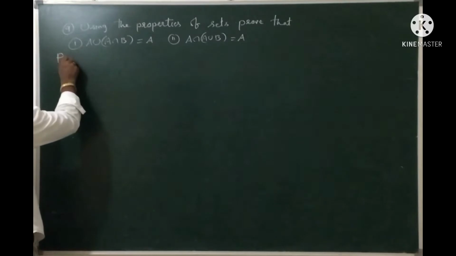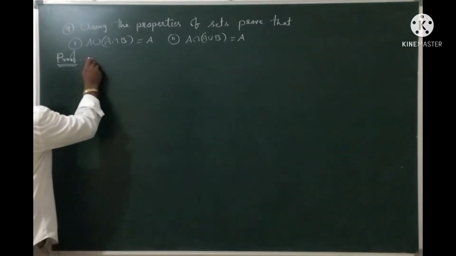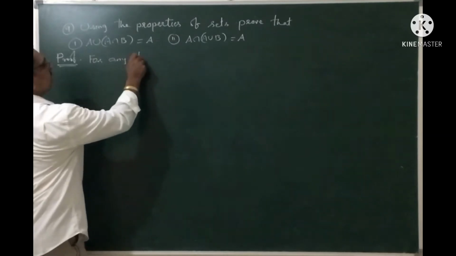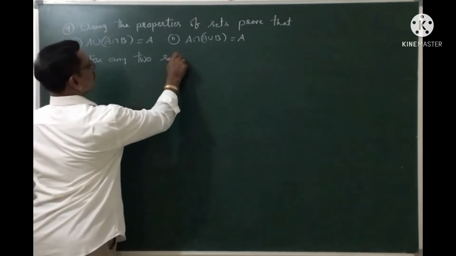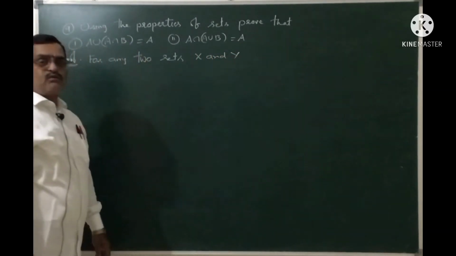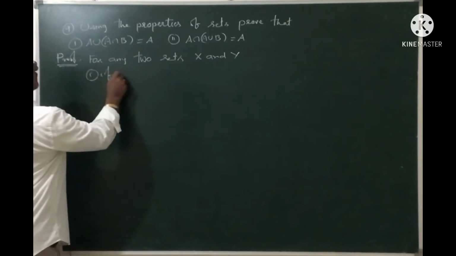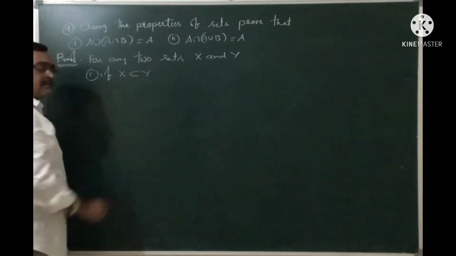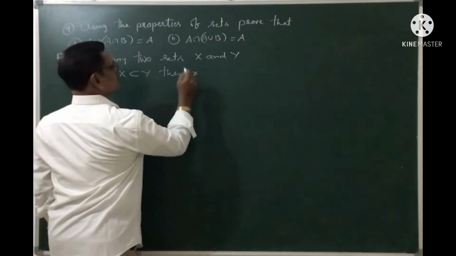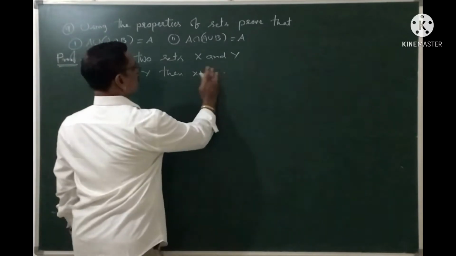Proof. First, I will start with that identity. For any two sets x and y, number 1 we have, if x is a subset of y, then x union y or x intersection y, both we have.